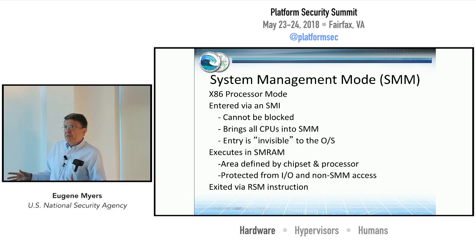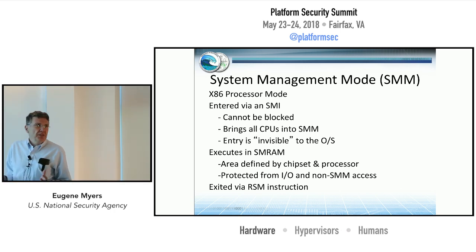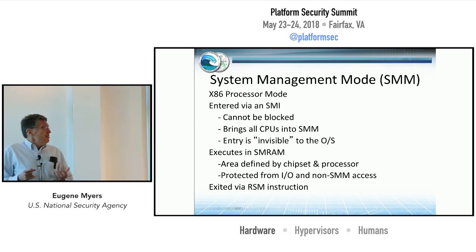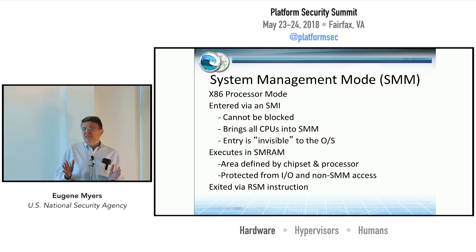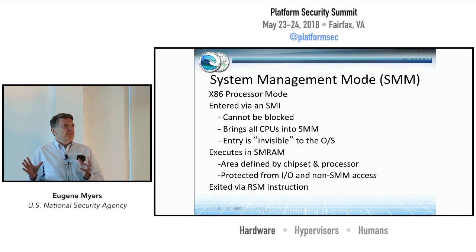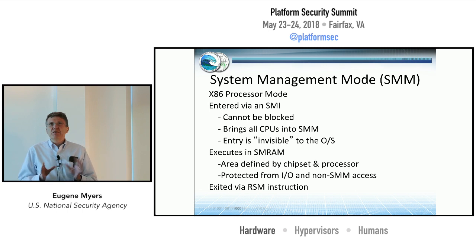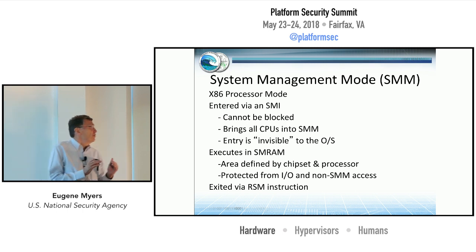System management mode. It's an x86 processor mode. It's mistakenly called ring -2. I personally don't like that term because if you understand how rings work, it's really orthogonal to it. But it really is the most privileged mode on the x86 processor.